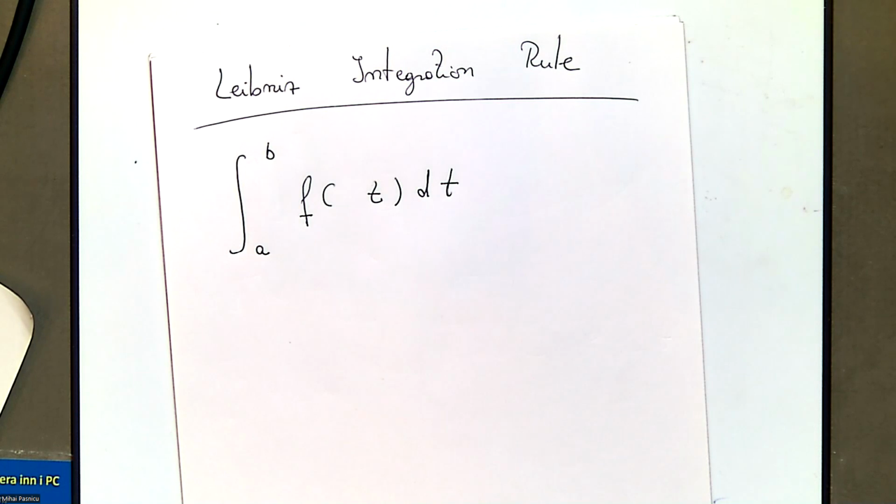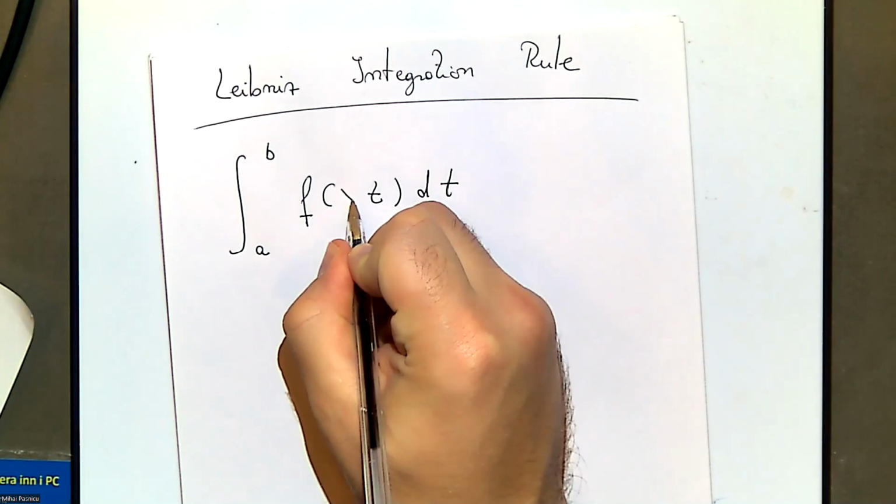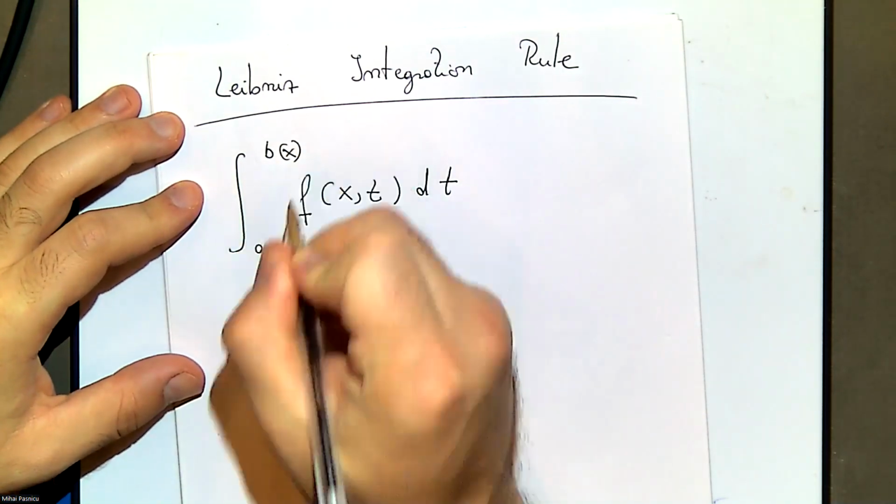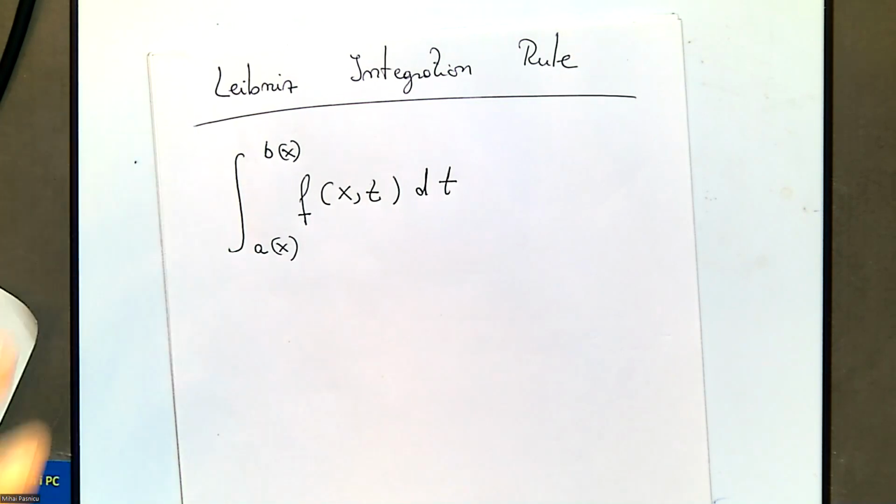This is the standard version. Everyone should be happy with it. Now, let's add another idea to it. Let's assume that this f inside also depends on an x. And no, I'm not going to show you double integrals right now or anything like that. Let's assume that this b depends on the x as well, and this a depends on the x.